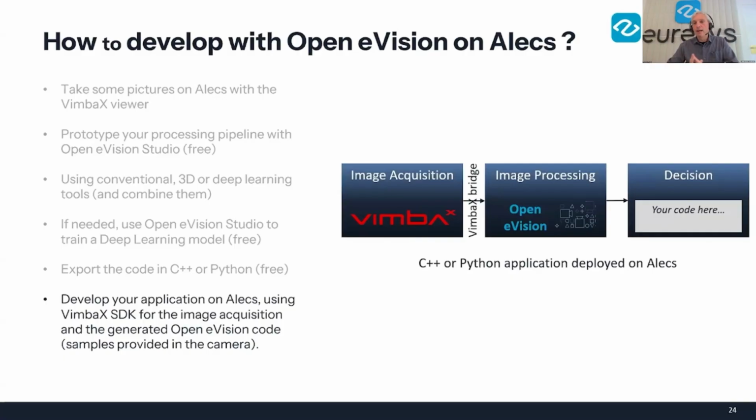And the third part is to code the decision, so check the dimensions or check the results of the defect detection. So you have to put your decision code at the end. We provide with Alex a set of samples to demonstrate and help you build that kind of application. On Alex, of course, you can use C++ or Python applications using the same principles.